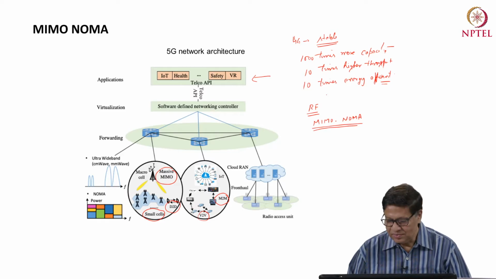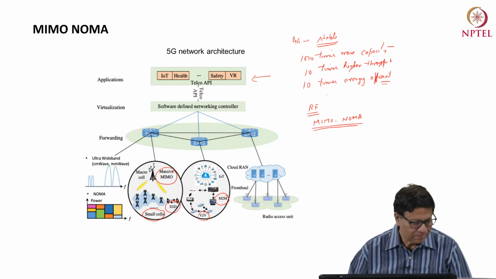So we will see the applications of MIMO NOMA in VLC, and we will see that the power allocation algorithms which are used are fairly simple, simpler as compared to RF power allocation algorithms.